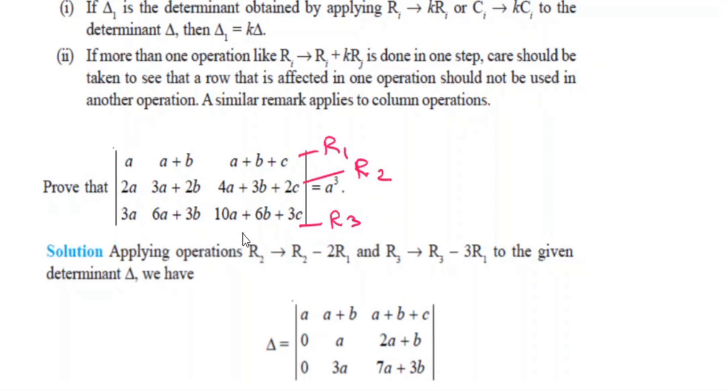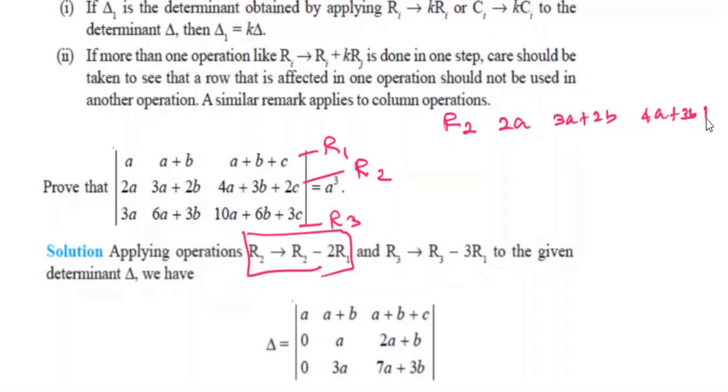Now what do we do? Let us do this operation, that is R2 becomes R2 minus 2R1. What is R2? Let me write R2 here. This is R2: 2A, then 3A plus 2B, then 4A plus 3B plus 2C.